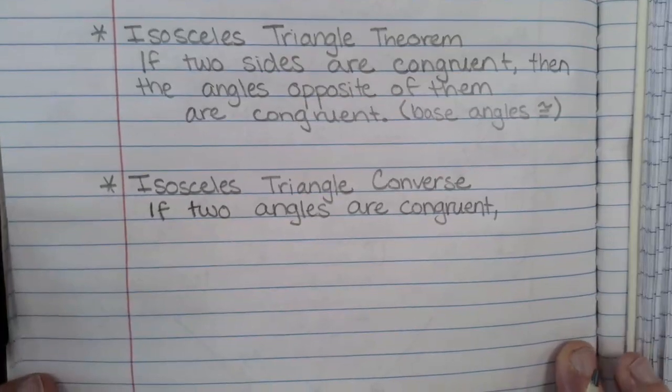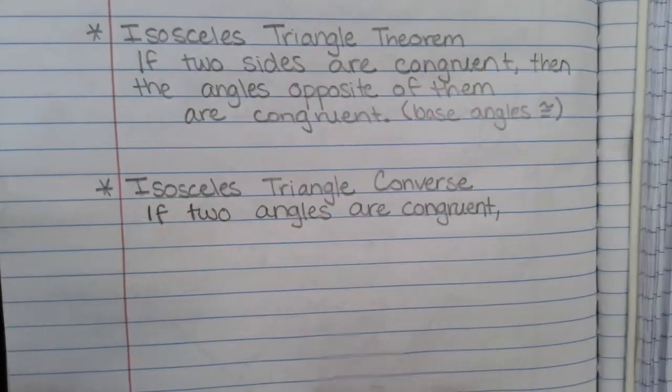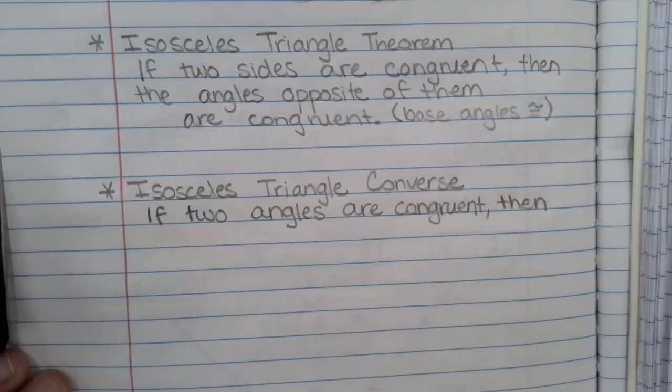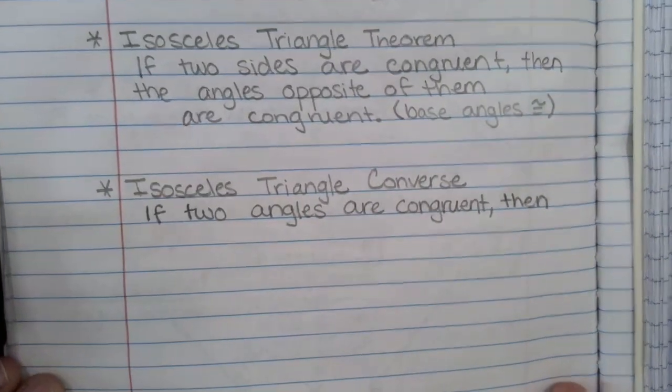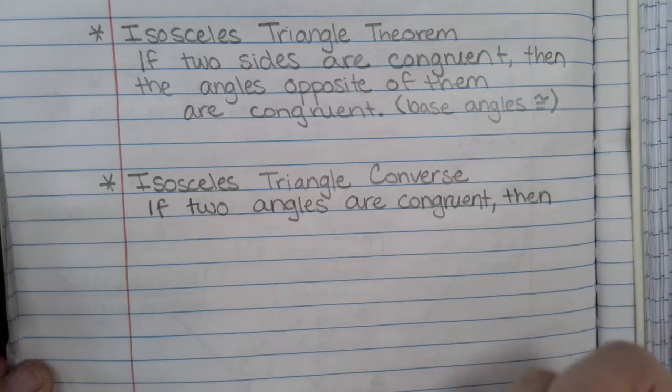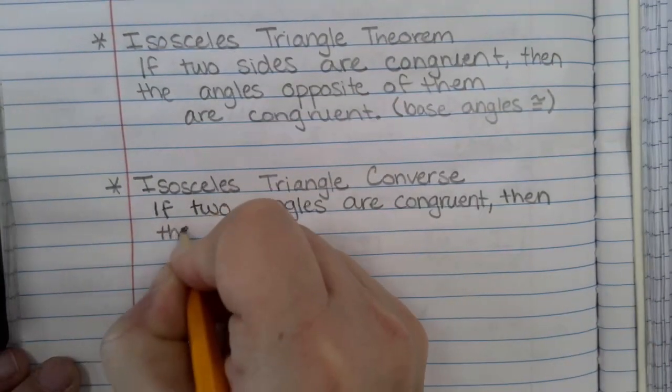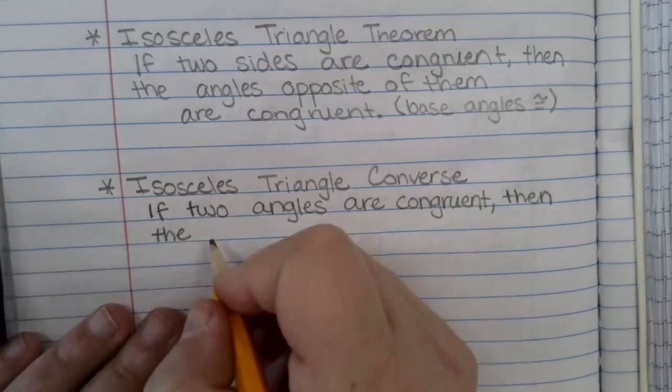If two angles are congruent, then what can we assume about the sides? Yeah, the two sides opposite of them are congruent.